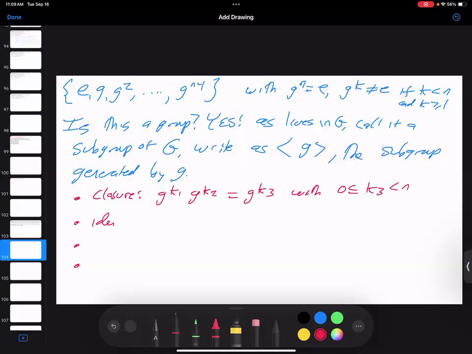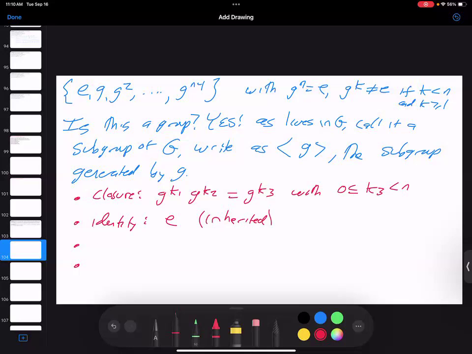Identity. What do you think the identity of this set e, g, g squared, up to g to the n minus 1 is? What would you guess? We don't have much time. e. It inherits the identity.